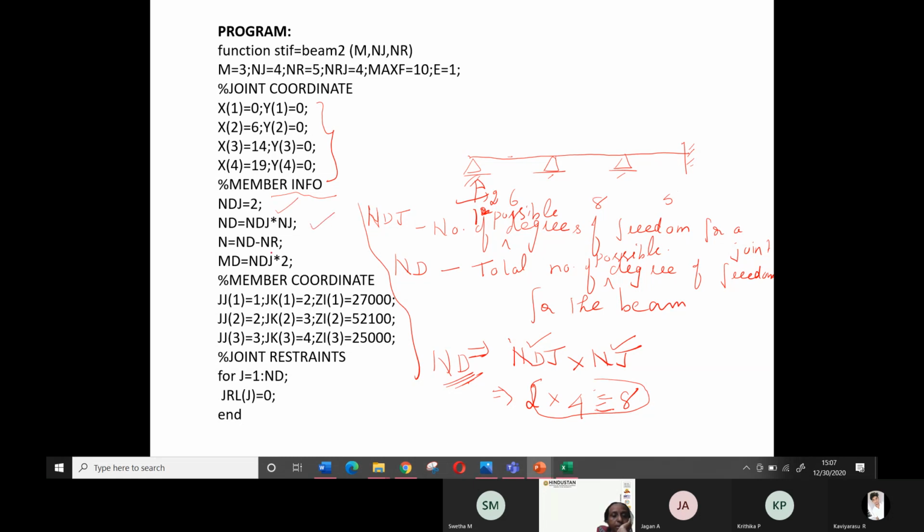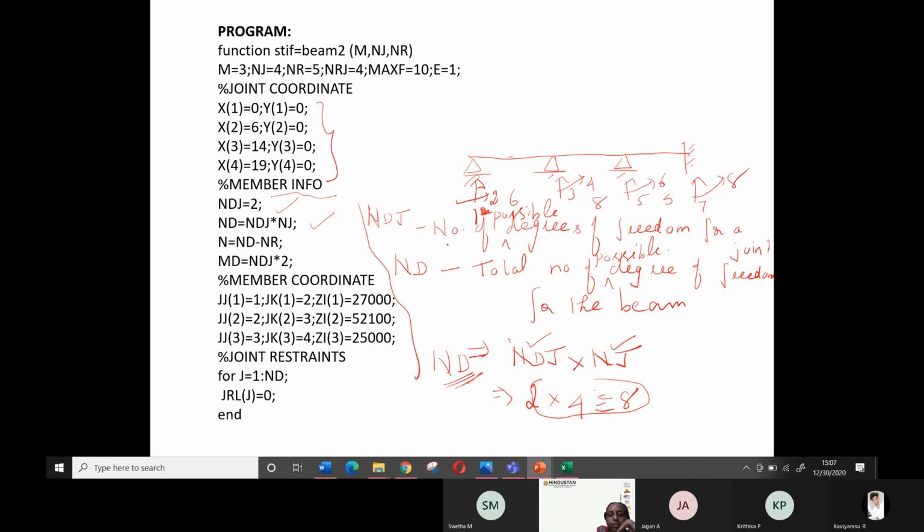Then the number of degrees of freedom available for this structure. What is the number of degrees of freedom? 1, 2, 3, 4, 5, 6, 7, 8.